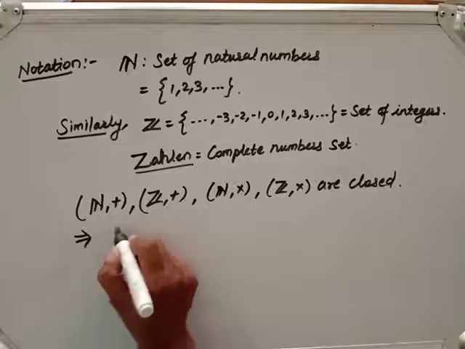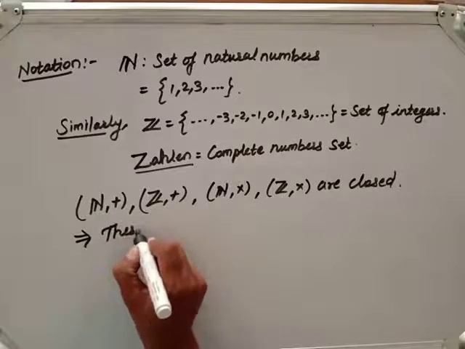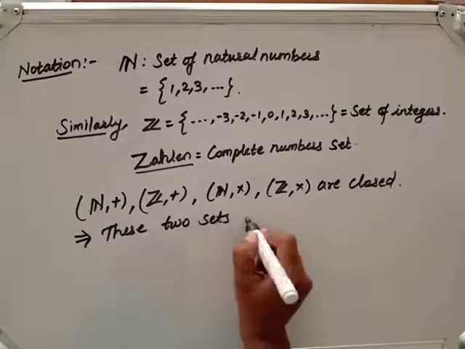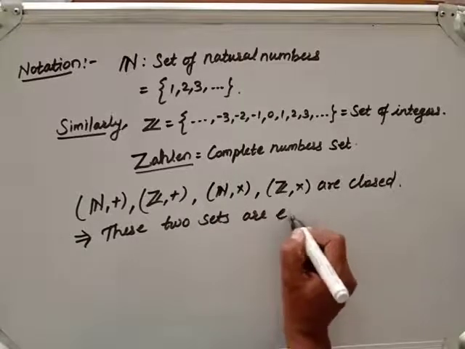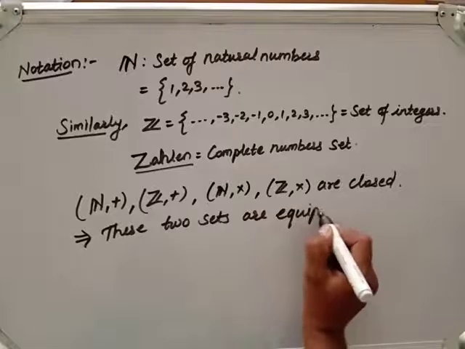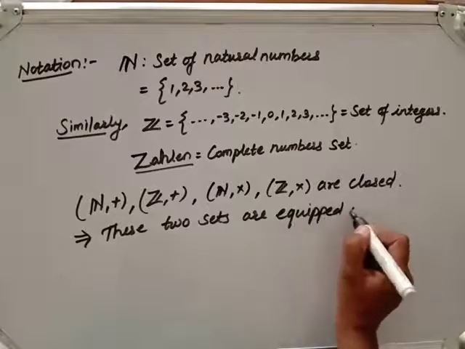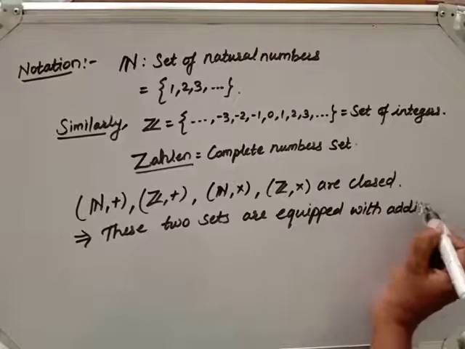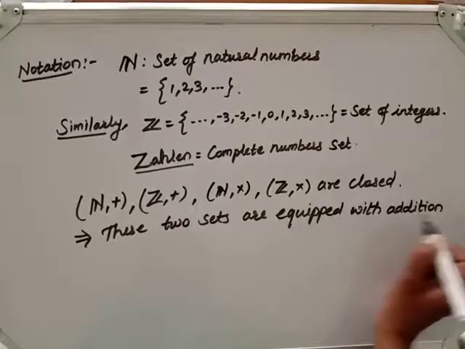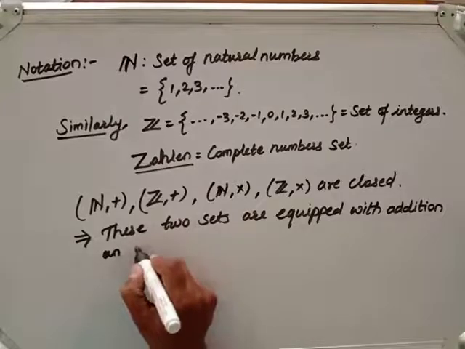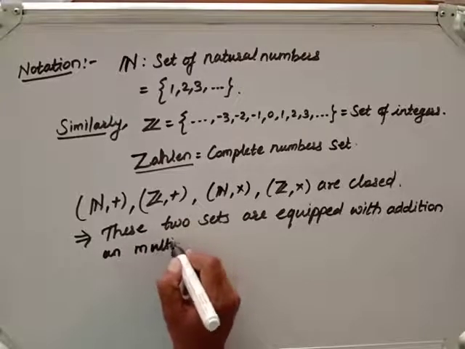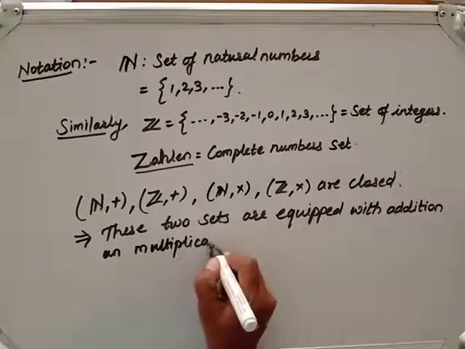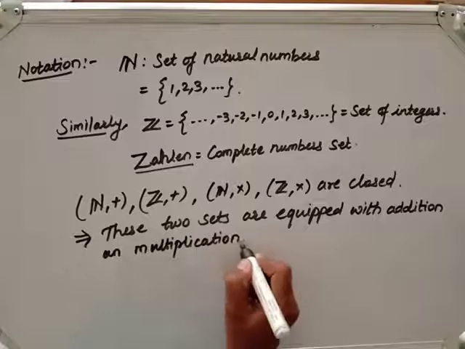This gives us that these two sets are equipped with addition and multiplication.